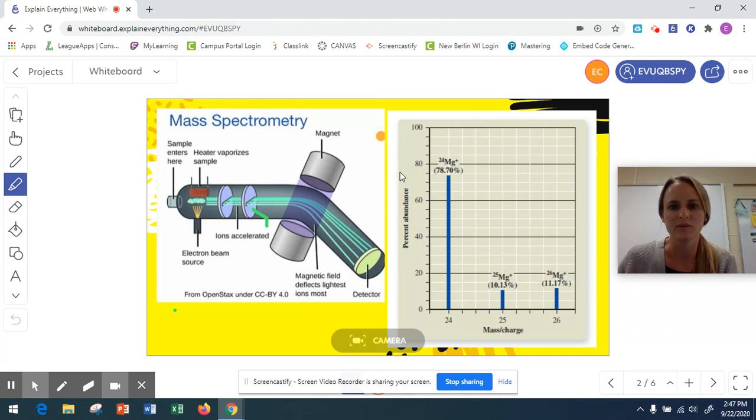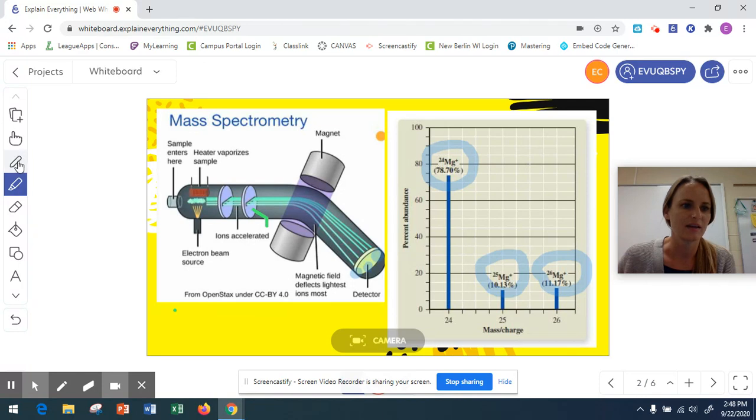For example, we said on the last slide that magnesium has 3 different isotopes, magnesium 24, magnesium 25, and magnesium 26. And remember that the 24, 25, and 26 are the mass numbers for magnesium. Because they have different masses, they hit the detector at different spots.